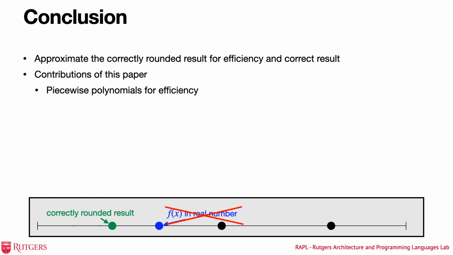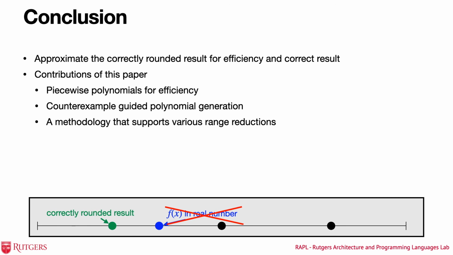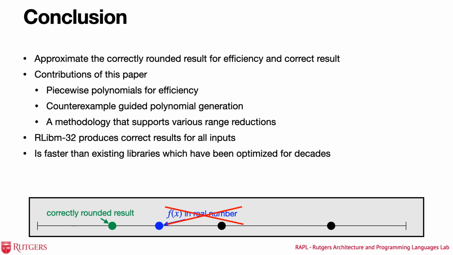First, instead of trying to generate a single polynomial, we generate a piecewise polynomial. Second, we use a counterexample-guided polynomial generation technique inspired by program synthesis. And third, we propose a methodology that supports various complex range reductions. The resulting math library not only produces correctly rounded results for all inputs, but is faster than mainstream math libraries that have been optimized for decades.